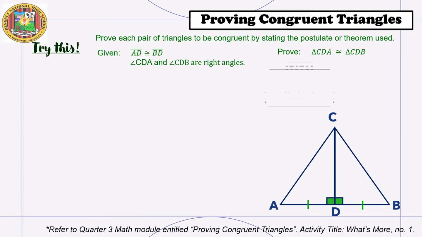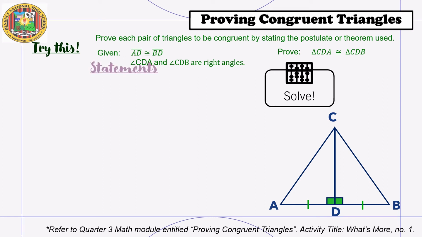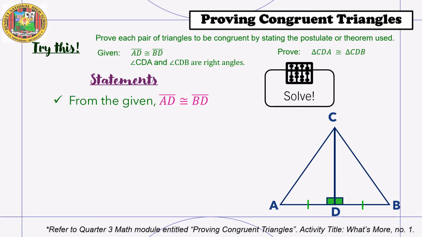Let us solve. We write our statements that prove that the triangles CDA and CDB are congruent to each other. We begin with the given, which is side AD is congruent to side BD. We mark them with similar hash marks.